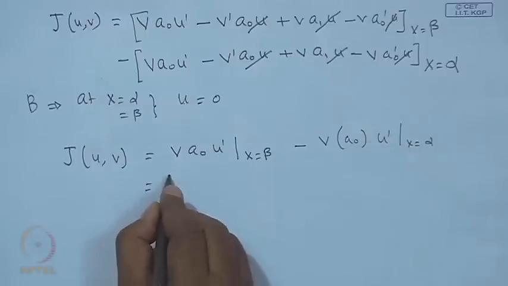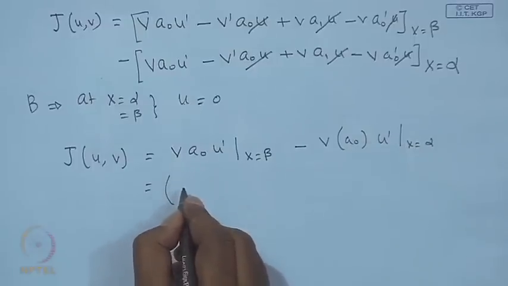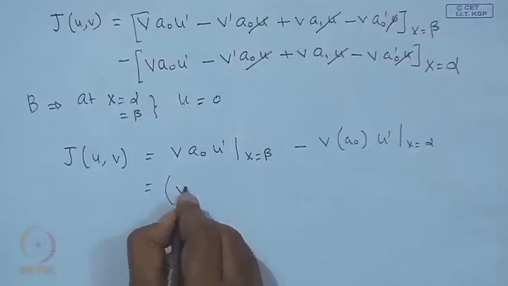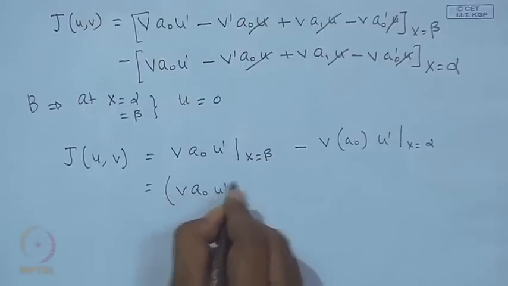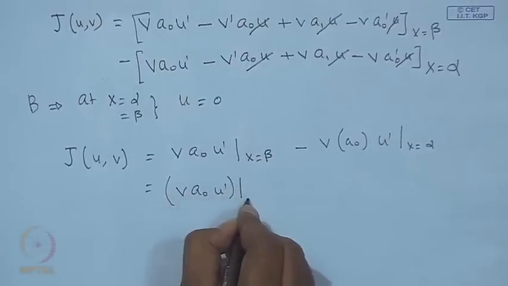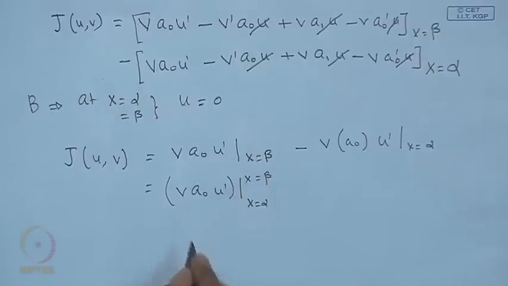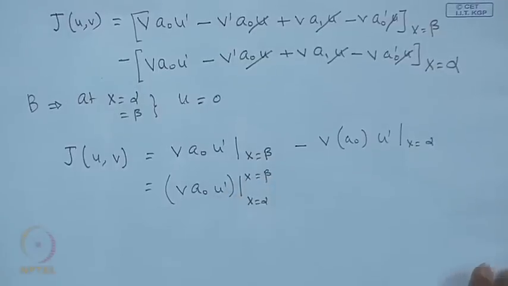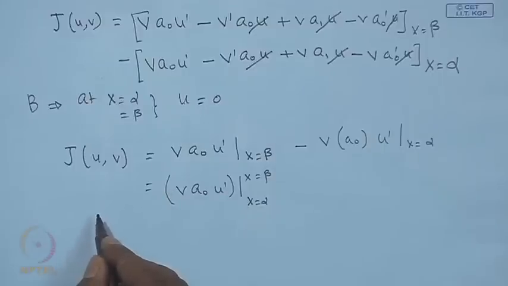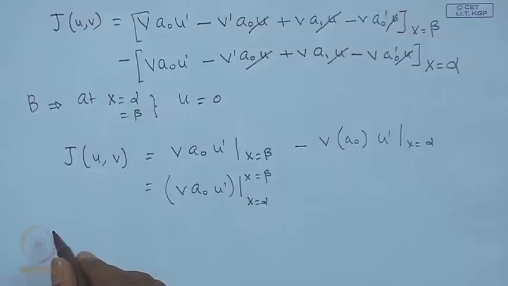So, we can write them in a notation: v a 0 u prime evaluated at x is equal to alpha and x is equal to beta. Now, in this case, in order to make the bilinear concomitant 0, we will be getting some condition on v.